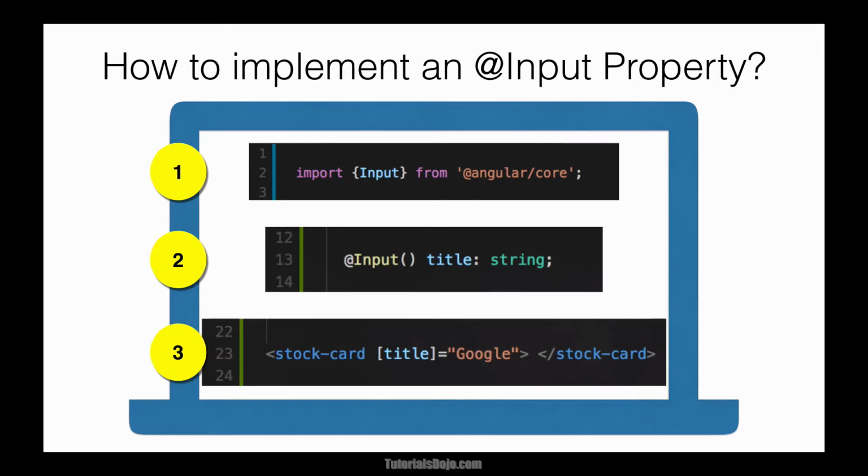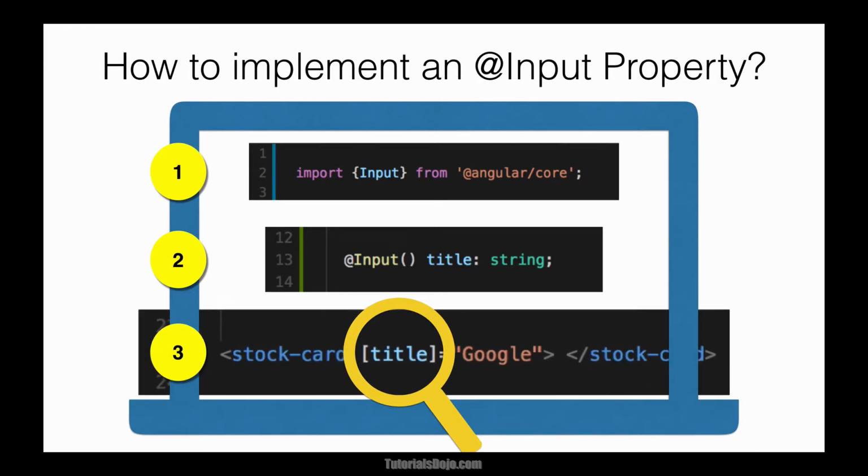Lastly, add this new variable as a new data binding target in the selector. One important thing to note here is that you need to envelope this variable inside a square bracket, just like what is shown here. So say, for instance, you have this stock card selector for your stock card component, and I want to add a title to this specific component by using this title input property.